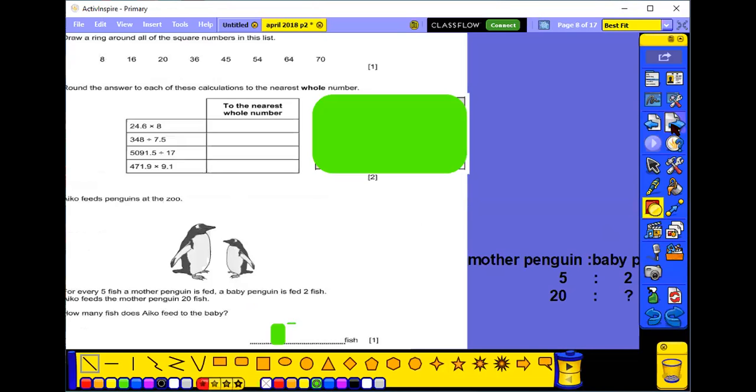Okay, now in this question, draw a ring around all the square numbers in the list. Jumana, get ready to answer the square numbers, or let me see someone else other than Jumana. Okay, Kadi, please give me the answer.